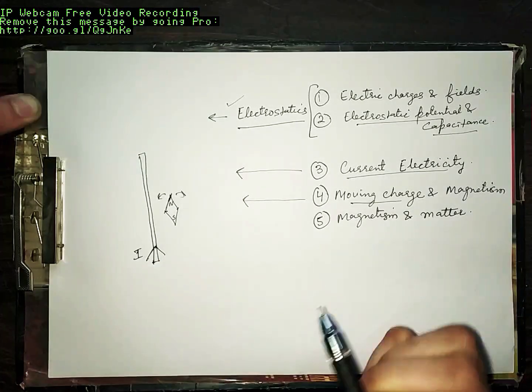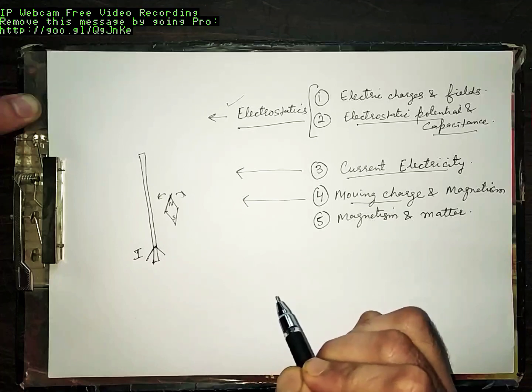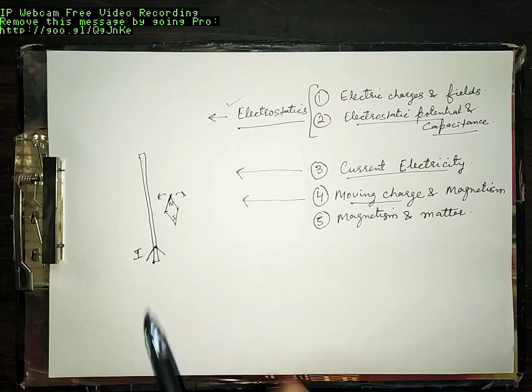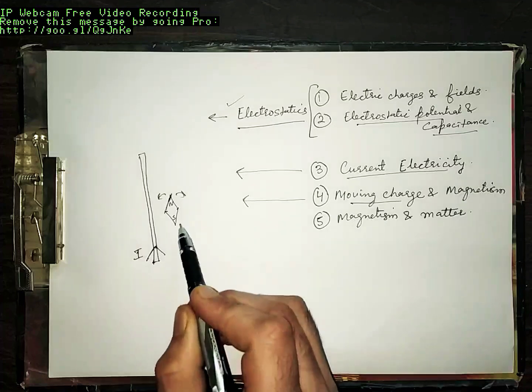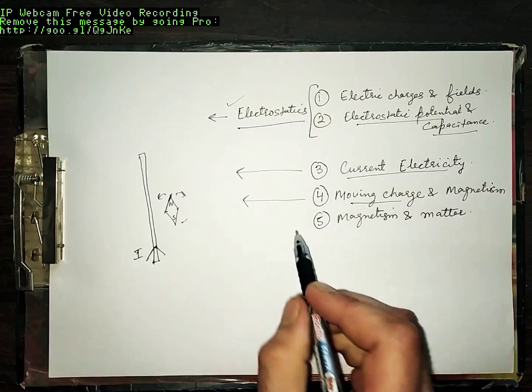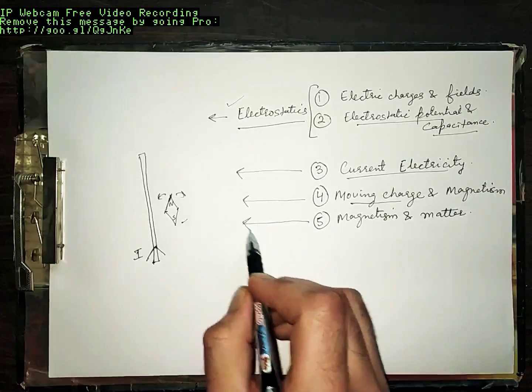So we concluded that a current carrying wire behaves as a magnet and produces a magnetic field. When that magnetic field interacts with the magnetic compass needle, the needle is deflected. Fine.